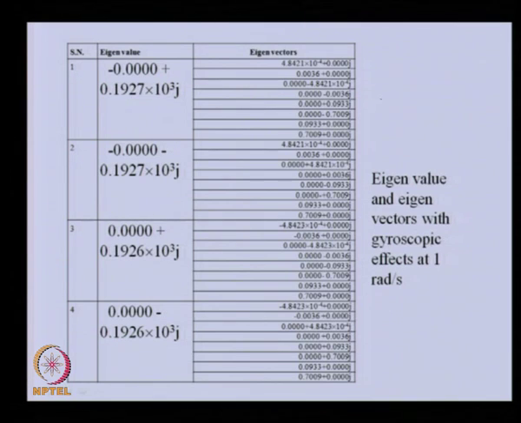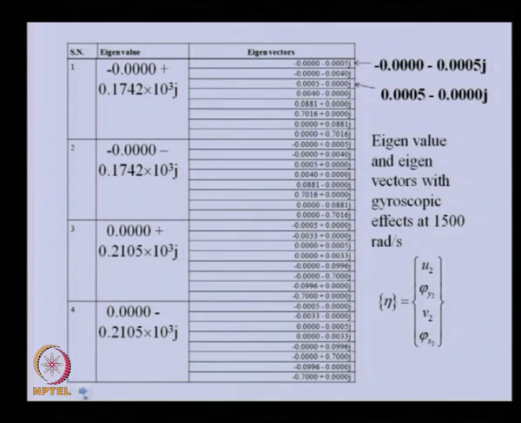So as we discussed, we will get 2 sets of similar eigenvalues, and they will have the same magnitude. This is because the coupling between the two planes is not present. So this is for high speed.